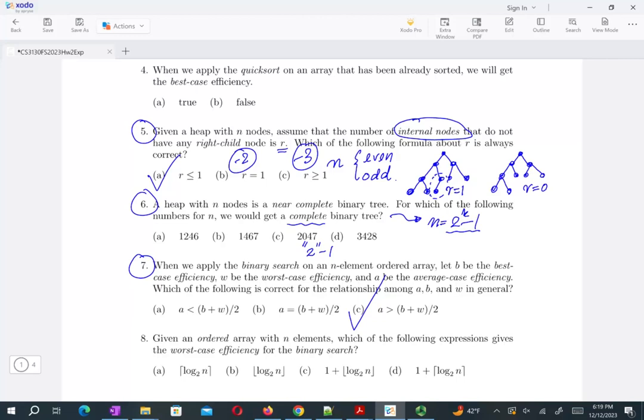You can go to the binary search, module 4, part B. Look at that, module 4, part B. At that place, I give you the formula.